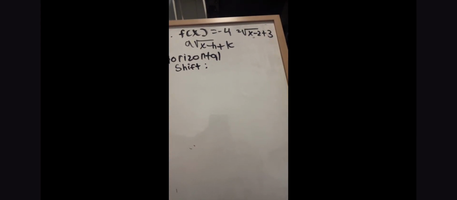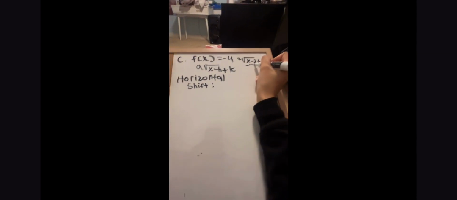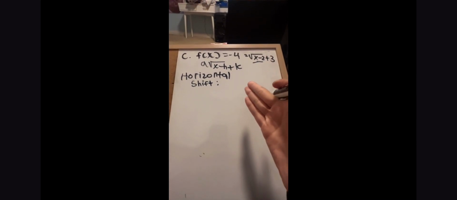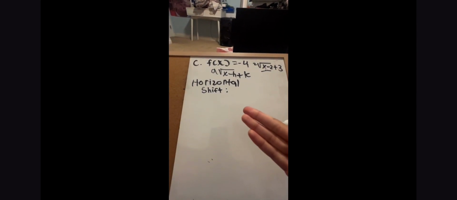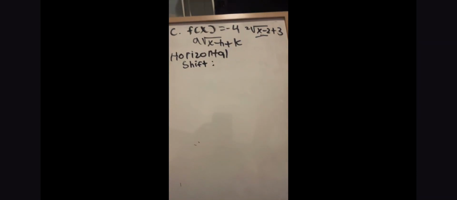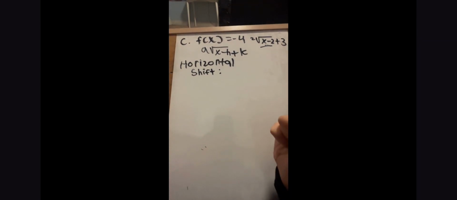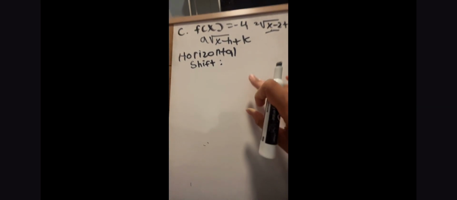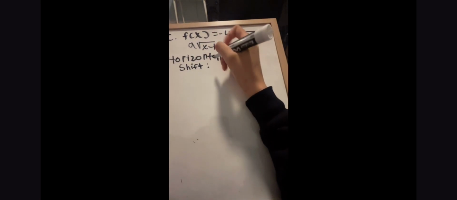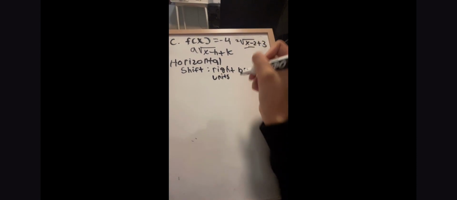The horizontal shift is going to be right here in the term x - 2 inside the square root, and that's what indicates that it is indeed a horizontal shift. Since it's x - 2 and there's a minus, it means that it's going to go to the right by 2 units. Okay.